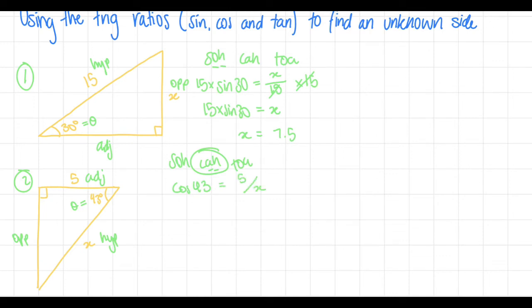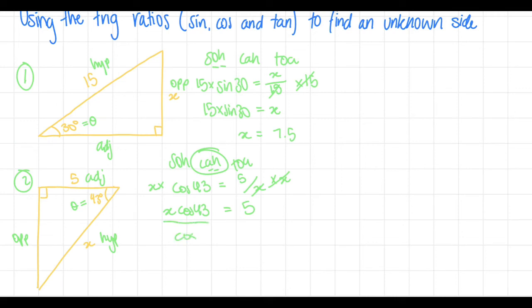Now, we want to get x by itself, so the easiest way to do that is actually multiply both sides by x, which means this divided by x and the times by x cancel out, and we have x cos 43 equals 5. Now, to get x by itself, if we divide both sides by cos 43, we can do that.